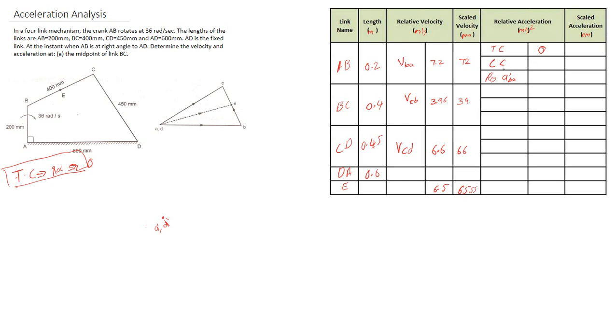Next is the centripetal component, CC. The centripetal component is V square by R. So next I am calculating the value of V square by R, where V is equal to 7.2 meter per second, which implies 7.2 square divided by 0.2, and the value will be equal to 259.2 meter per second square.